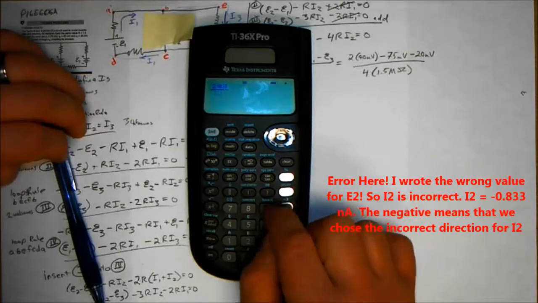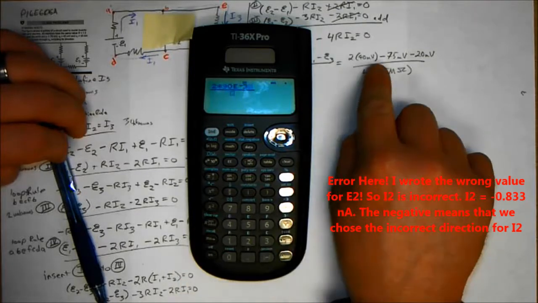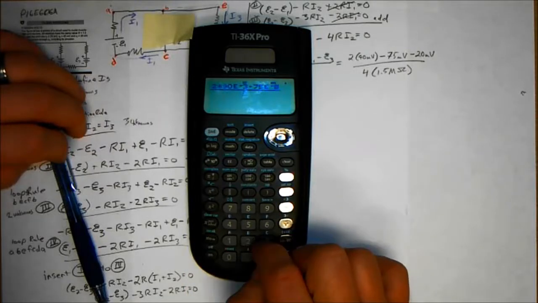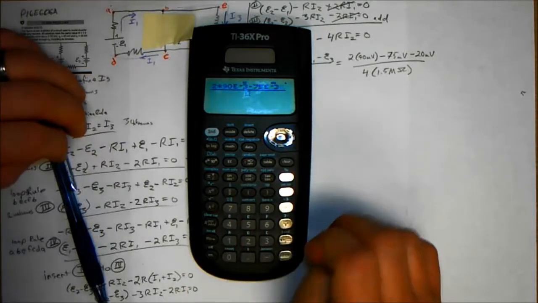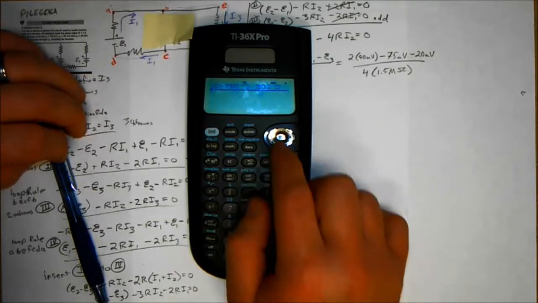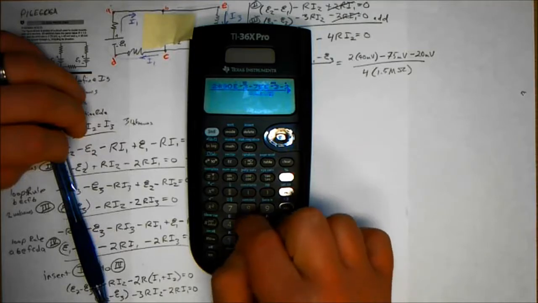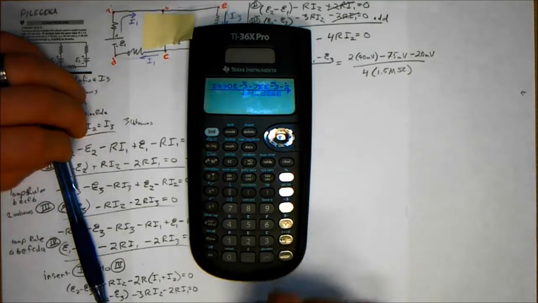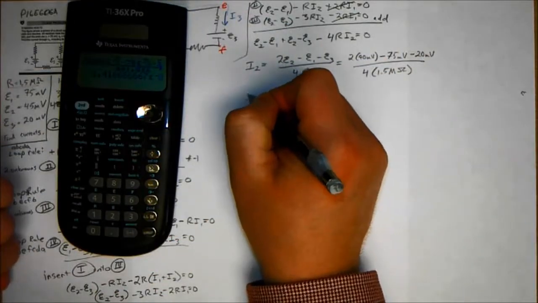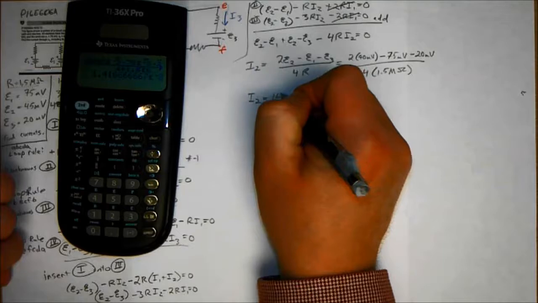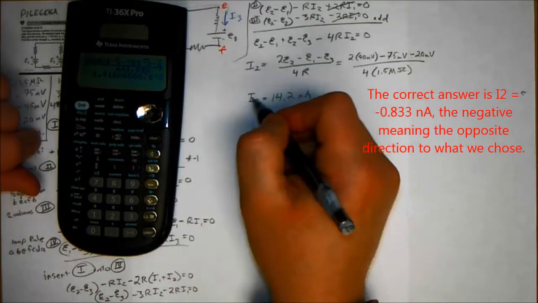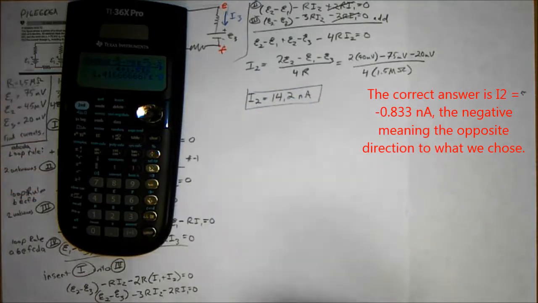So 2 times 90 times 10 to the negative third, because it's millivolts, minus 75 times 10 to the negative third, minus 20 times 10 to the negative third, all over 4 times 1.5 times 10 to the sixth ohms. And the result is 14.2 nanoamps. Move the decimal place over and now I have 10 to the negative 9, so that's 14.2 nanoamps.